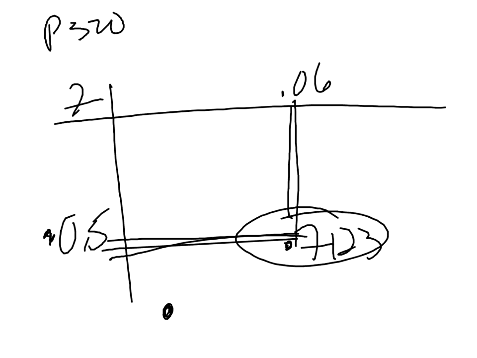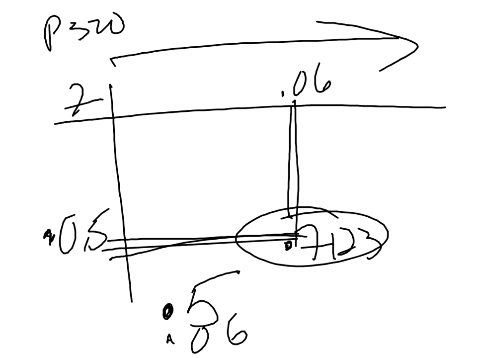Anyway, in the z column, we get 0.5, and to that we're going to add 0.06, going this direction, or 0.56. So a z-value of 0.56 is the value that would be related to an area of 0.2123.